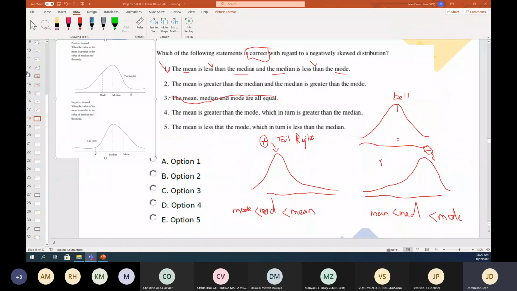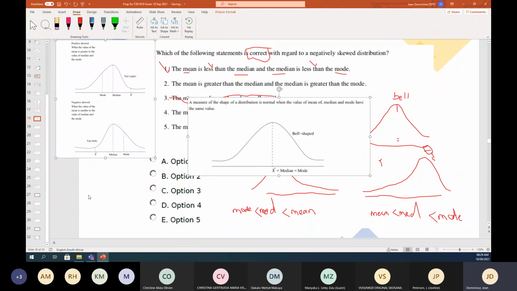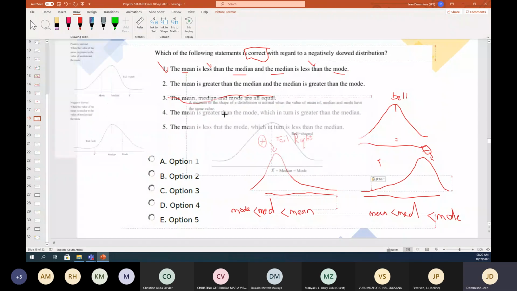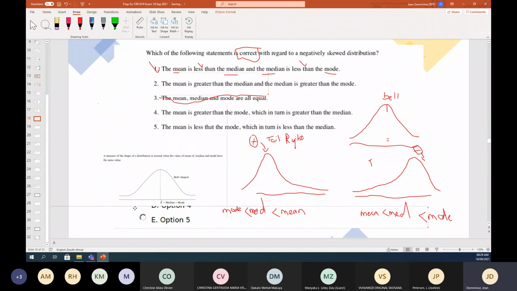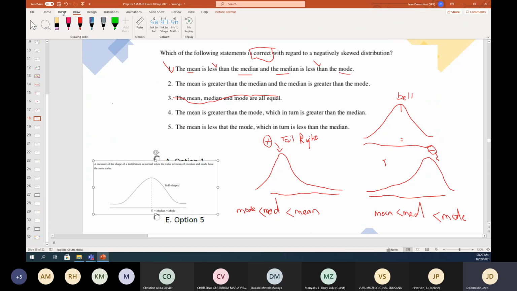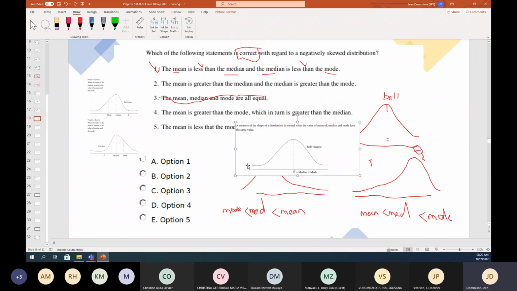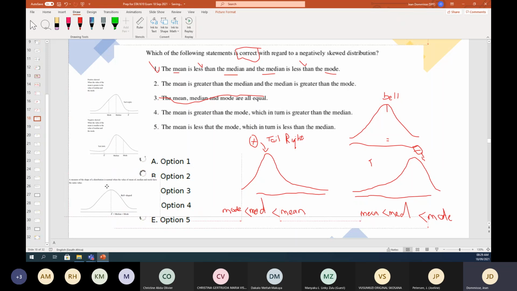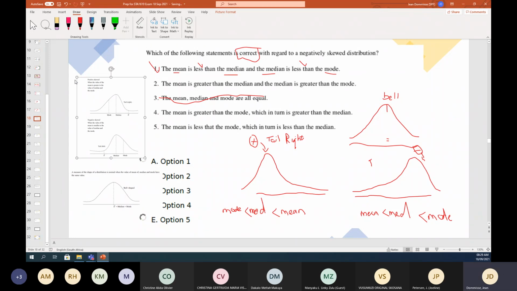And let's just copy. Undo. Okay, so there's the one from the textbook.